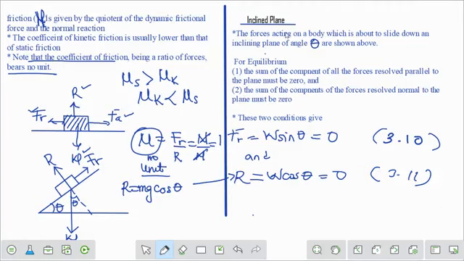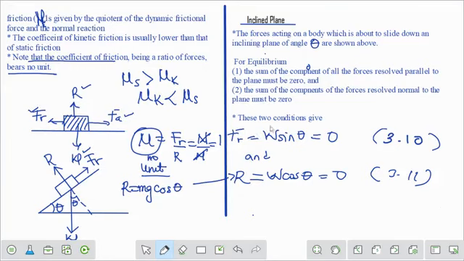Now, the forces acting on a body which is about to slide down on inclined plane of angle theta are shown above. So for equilibrium, the sum of the components of all the forces resolved parallel to the plane must be 0, and the sum of the components of the forces resolved normal to the plane must be 0.